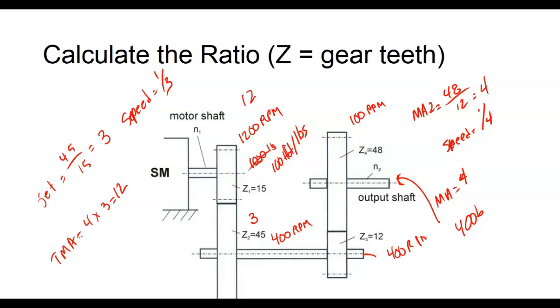So mechanical advantage and speed are inversely proportional. If you know the speed, you can flip it around and it would give you the mechanical advantage. We use that so often that, like I said, a scientific calculator's got that on it. Because when you take the reciprocal, it gives you exactly the opposite.